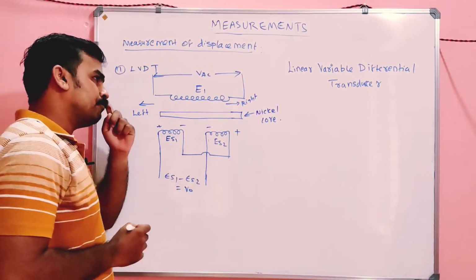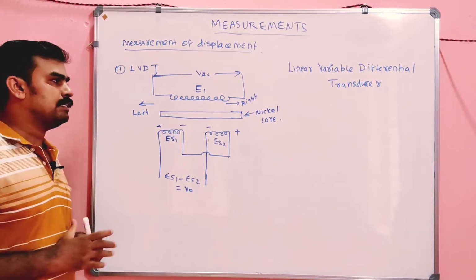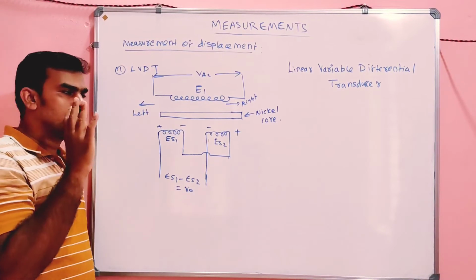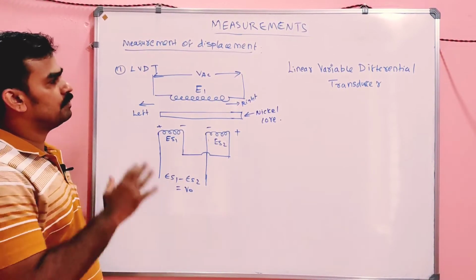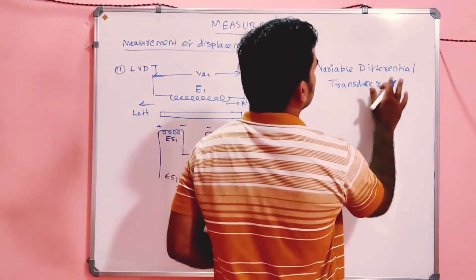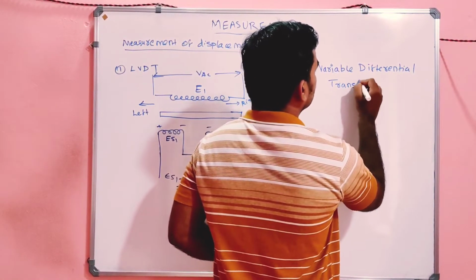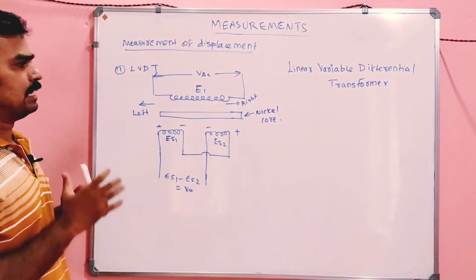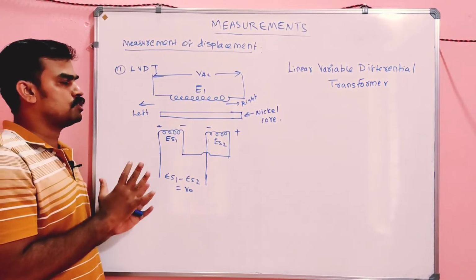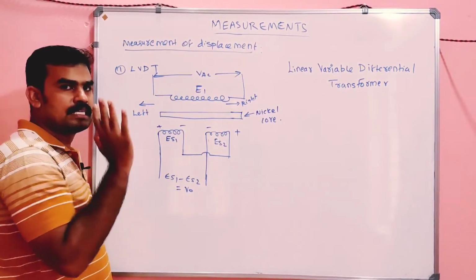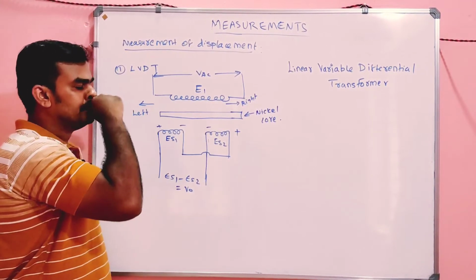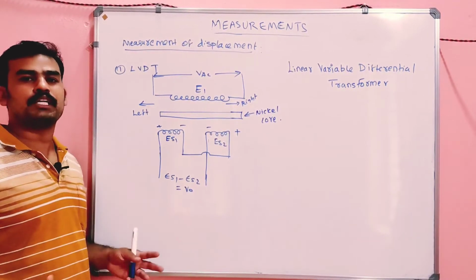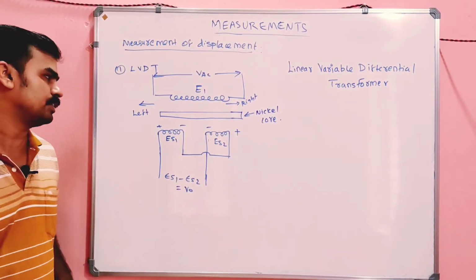In LVDT, it actually consists of two types of windings, similar to a normal transformer. A normal transformer has the primary winding as well as the secondary winding. Here also the primary winding is there as well as the secondary winding. The action is similar to that of the transformer. It's nothing but mutual induction.